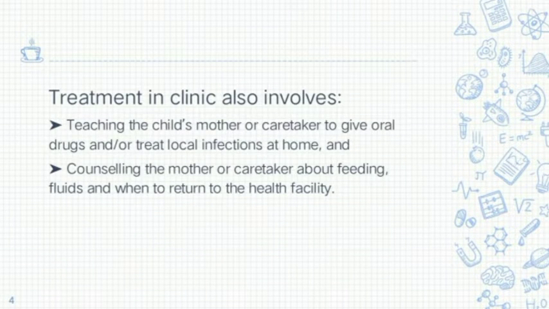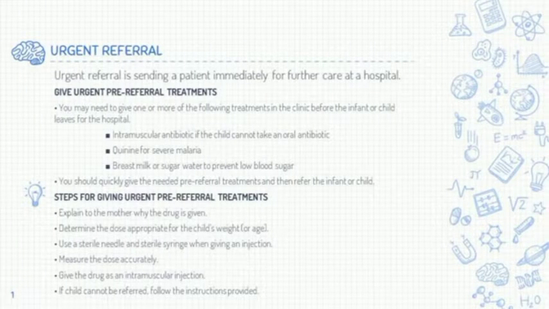So we have here treatment in clinic also involves, first, teaching the child's mother or caretaker to give oral drugs and or treat local infections at home, and consoling the mother or caretaker about feeding, fluids, and when to return to the health facility. Urgent referral is sending a patient immediately for further care at the hospital.